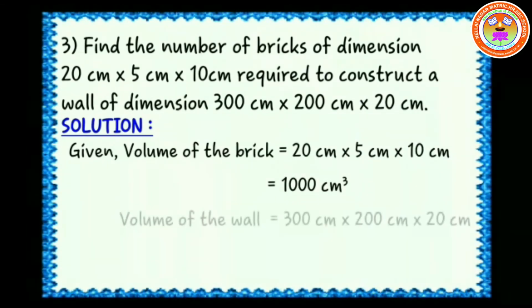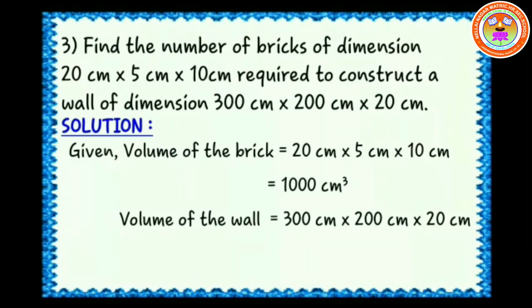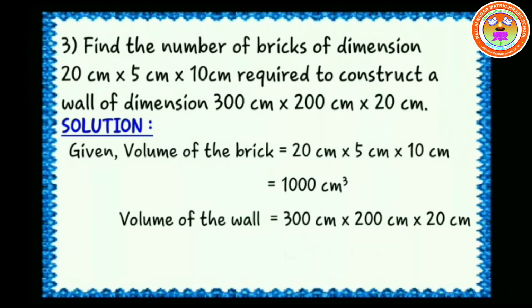Then volume of the wall is 300 centimeter into 200 centimeter into 20 centimeter. 3 2s are 6. 6 2s are 12. Remaining, how many zeros are there? 5. So 12 lakh centimeter cube.